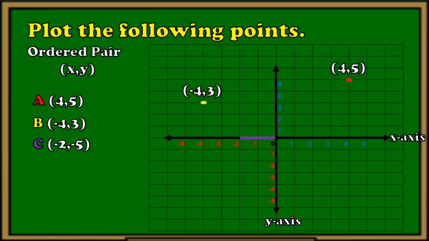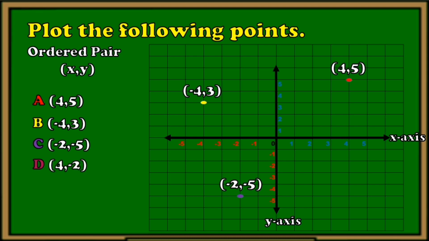And for the y-coordinate, since the y-coordinate is negative 5, we need to move downward 5 times. That is 1, 2, 3, 4, and 5. And that is where the point C is located. That is point negative 2, negative 5.